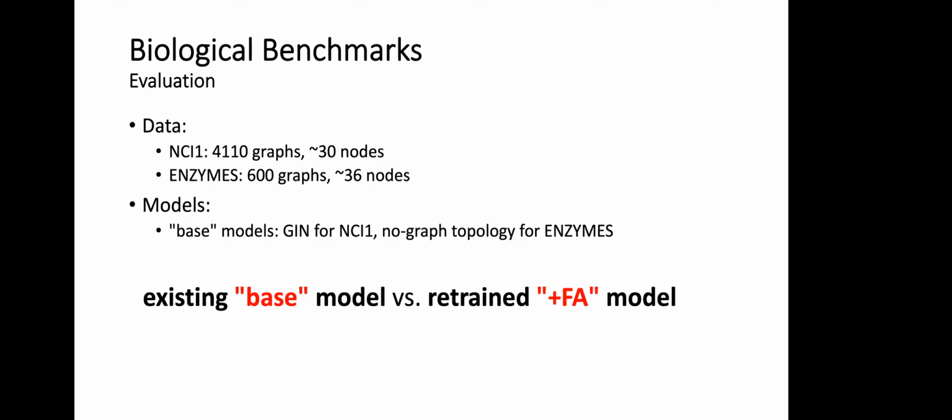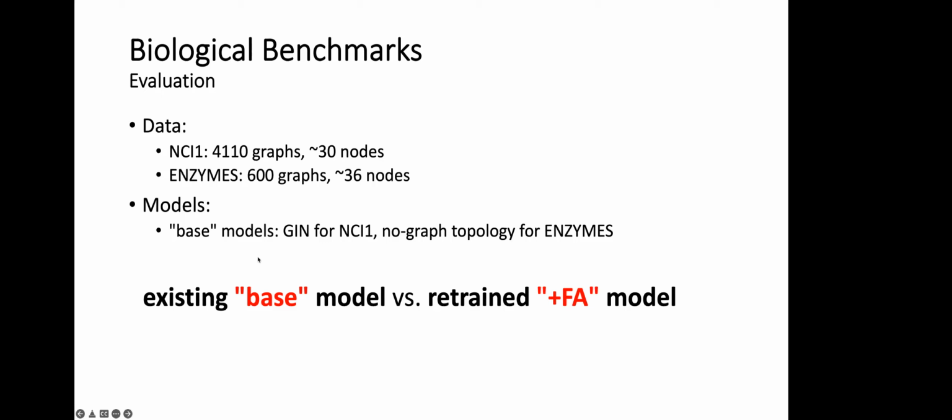Its task is to predict whether a biochemical compound has anti-lung cancer activity. Another dataset is called enzymes. It contains 600 graphs with 36 nodes on average, and its task is to classify an enzyme into 1 of 6 classes.